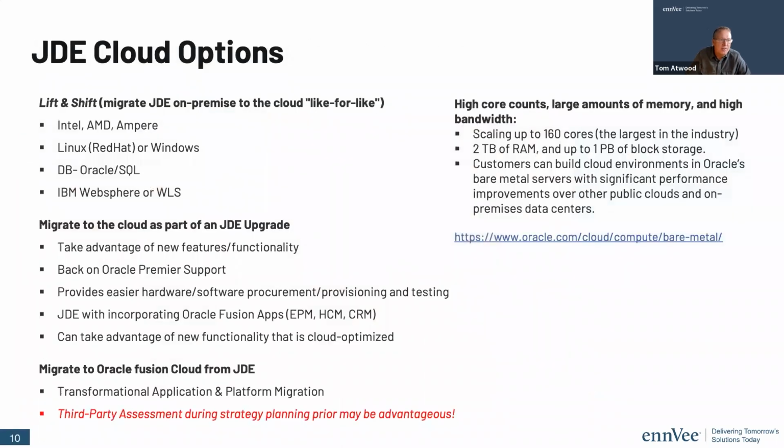Your options from a JD Edwards standpoint are, first, you can lift and shift. That's where you take your JD Edwards environment and go like for like to the cloud. You would get IaaS bare metal, where you can take advantage of scaling of up to 160 cores, 2 terabytes of RAM, and up to 1 petabyte of block storage.